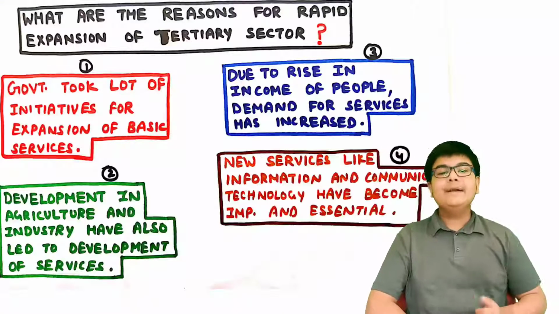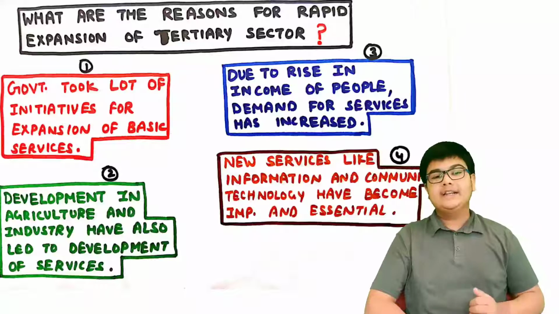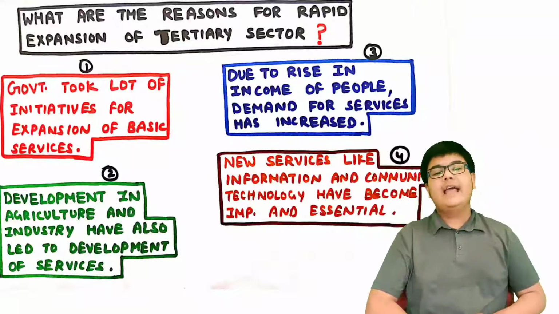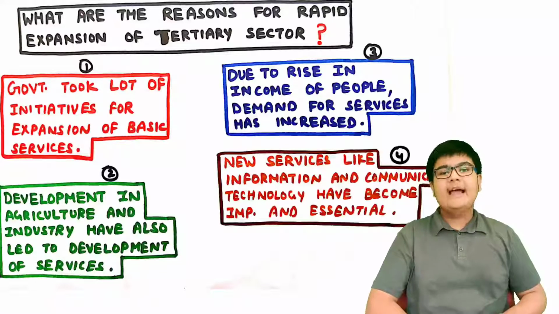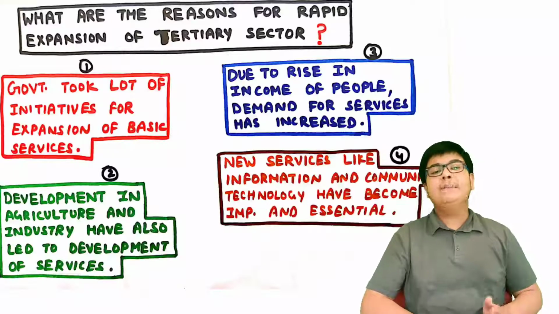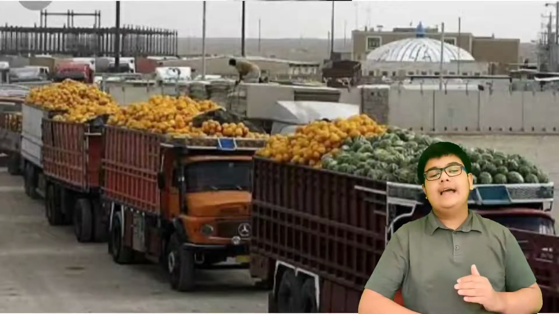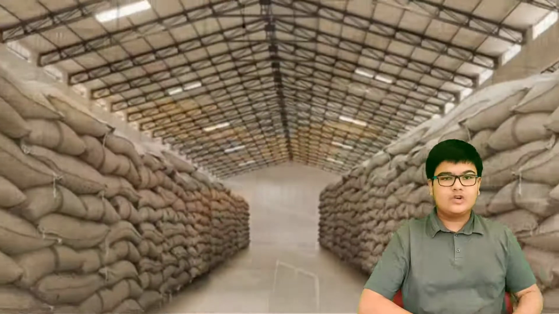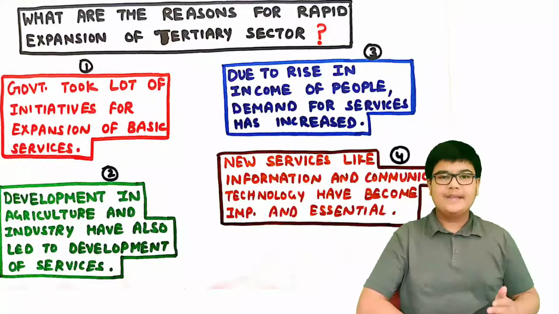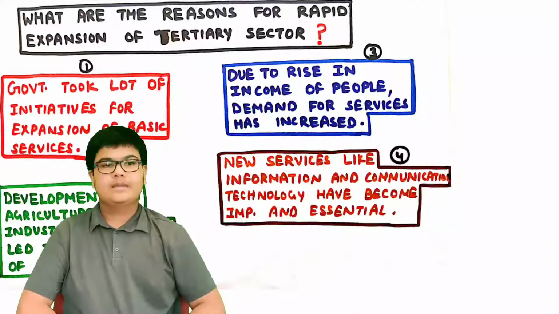Second, development of agriculture and industry also led to development of the tertiary sector. Obviously, if agriculture expands and more crops are produced, then we will need better transportation and storage services for the crops. So the tertiary sector also grows with the primary and secondary sectors.